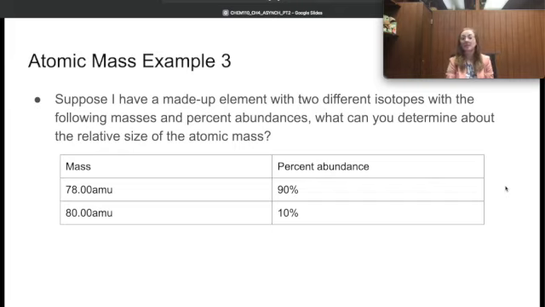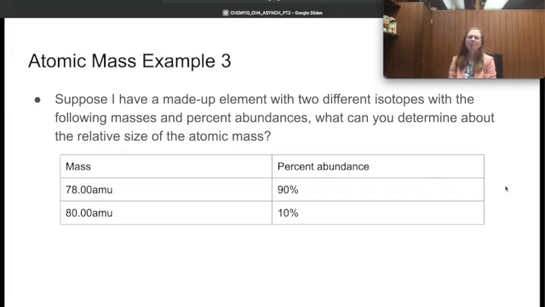So 9 times out of 10, when I grab an atom out of my bag, it's going to be that 78.00 AMU mass. However, 1 in 10 times, that percent abundance represented by 10%, for the 80.00 AMU mass, it's only going to occur less often.